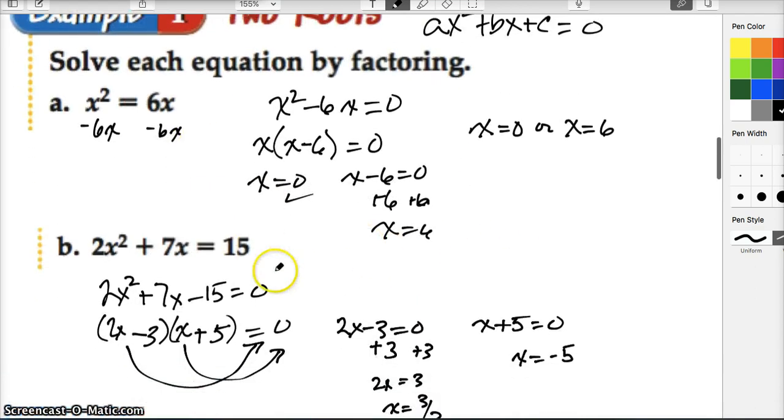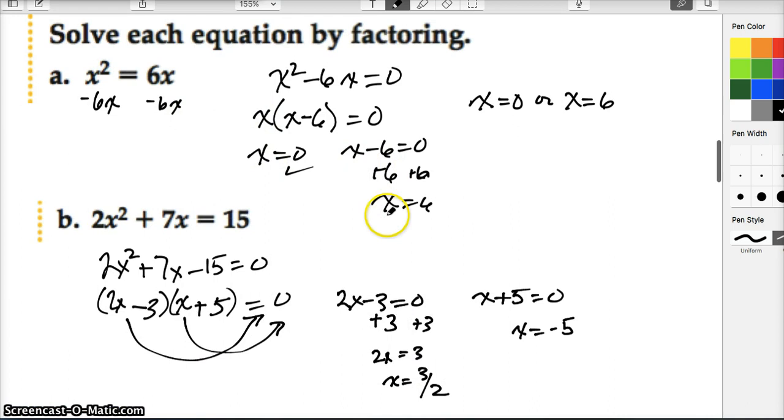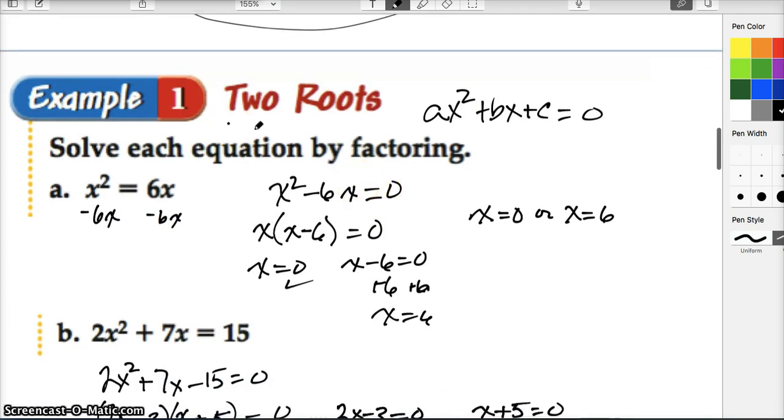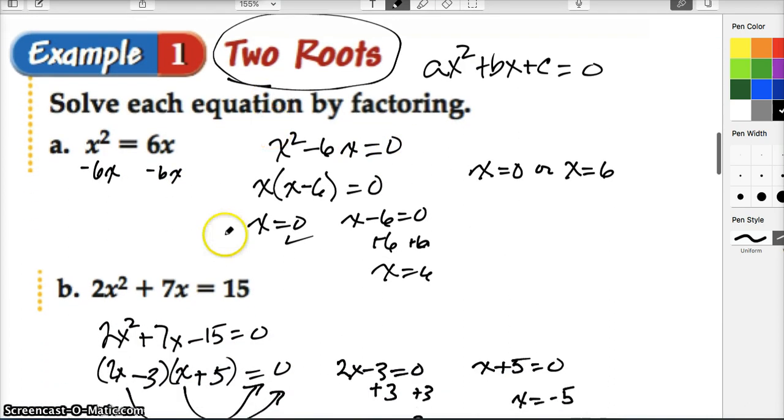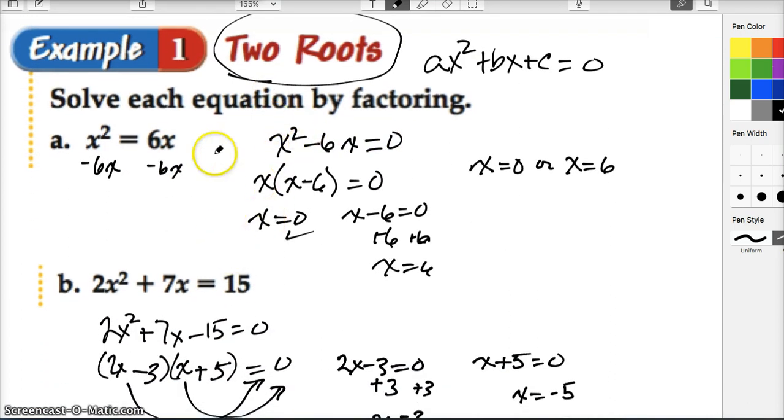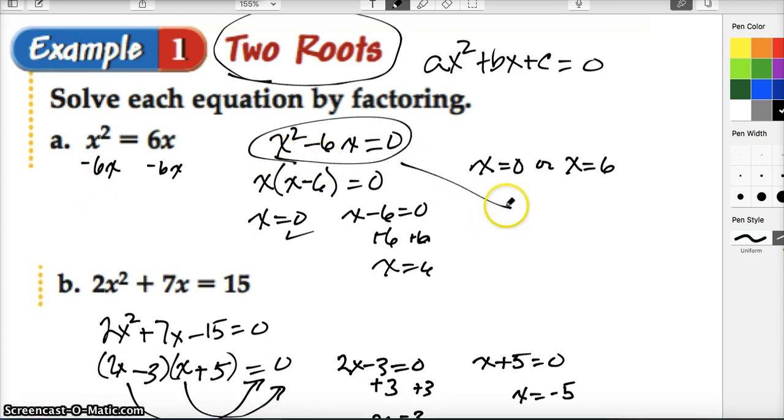Notice in both of these situations, we got two different solutions, or what we call roots. Roots are x values that make my function equal 0. If you think about all of these in terms of the corresponding function, you see how we ended up with this equation, and the corresponding function would be f of x, or y, equal to x squared minus 6x.